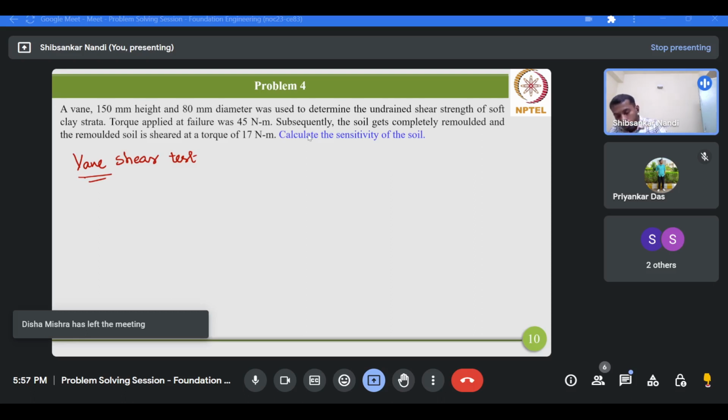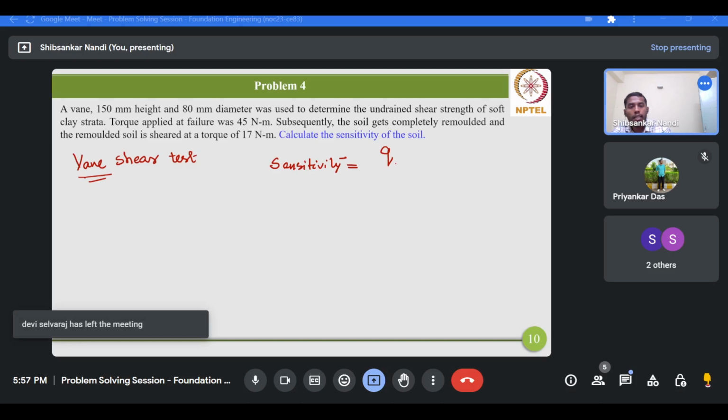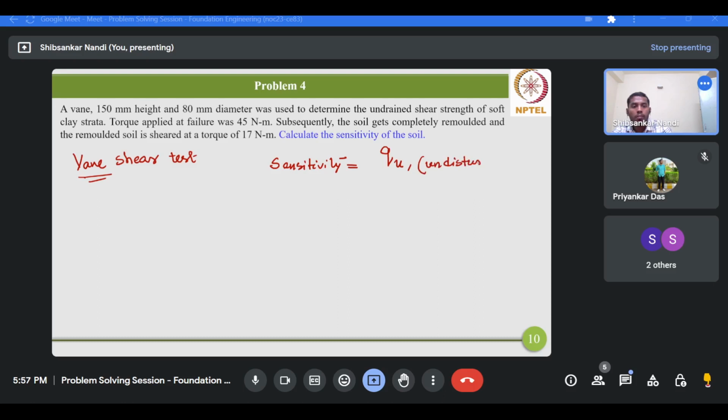Okay, so the definition of sensitivity is basically the ratio of, you can express it in terms of unconfined compression strength, this is for the undisturbed soil sample to the remolded soil sample.